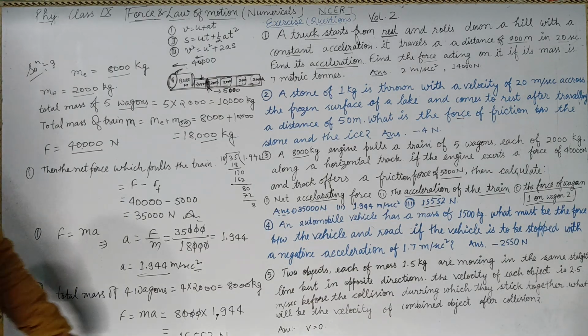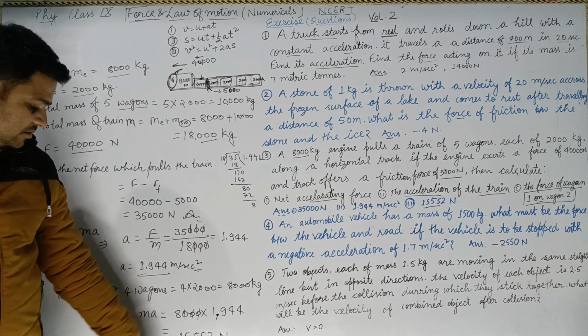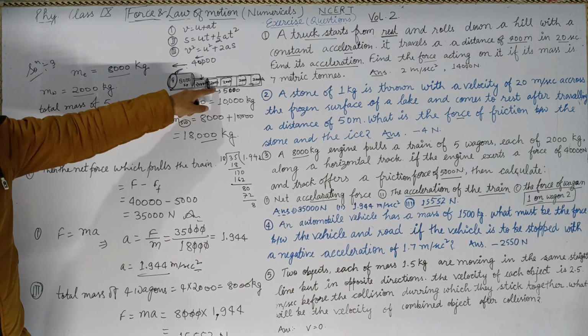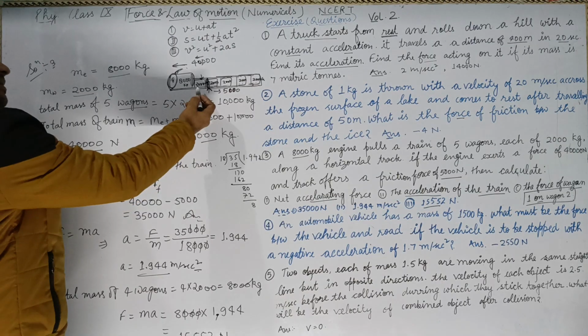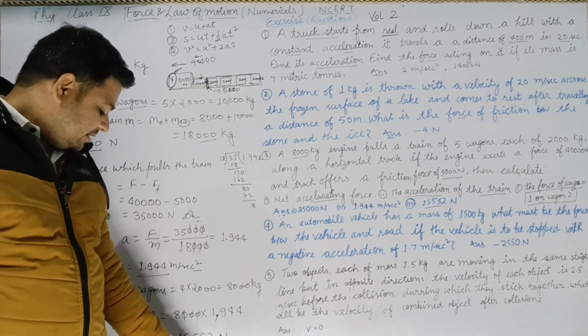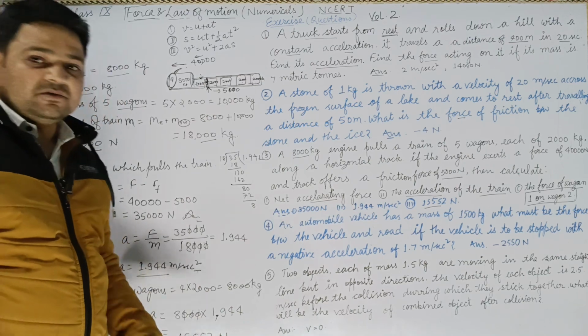The force which acts on the second wagon from the first wagon is 15,552 Newton.